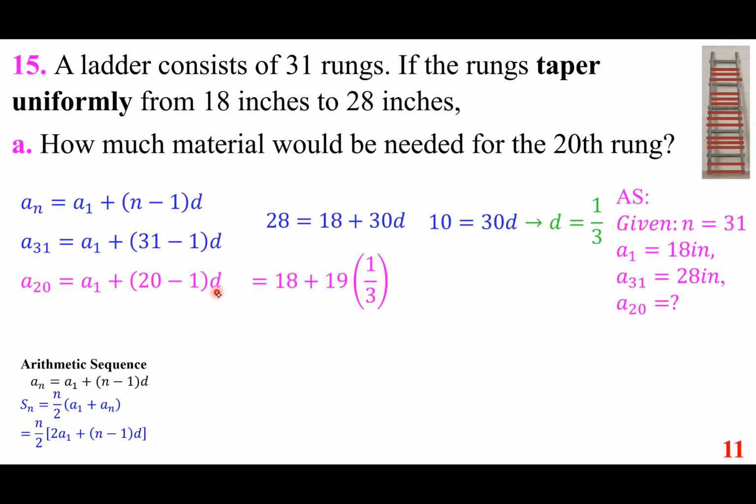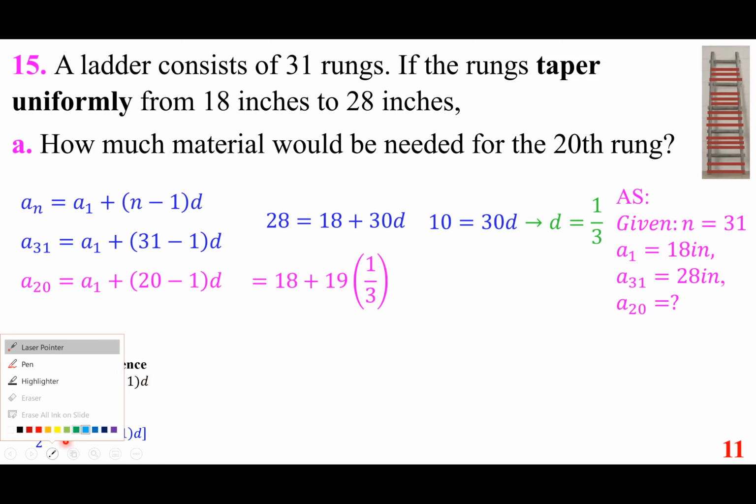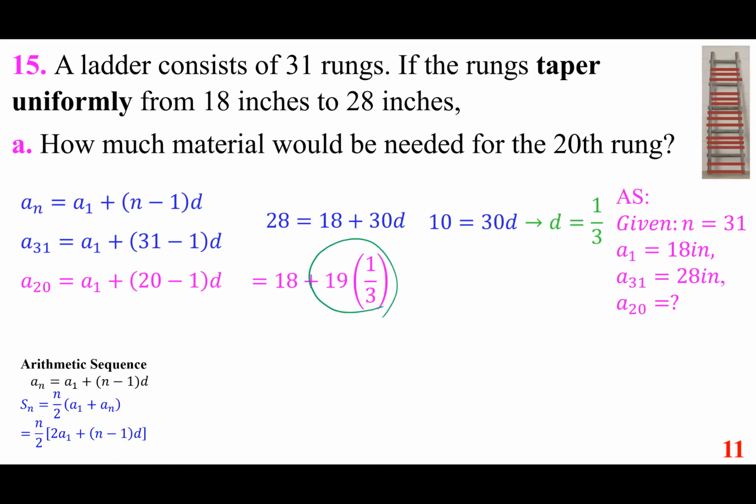And of course, this is 19/3. You may recognize 19/3 means 6 and 1/3. 6 and 18 is 24. So 24 and 1/3. And as I mentioned, don't forget the units whenever you're dealing with the applications. And the units are in inches.